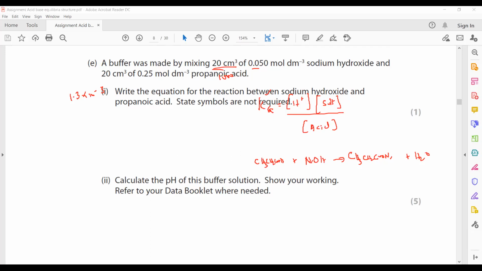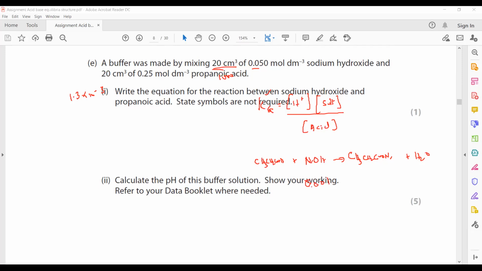How many moles of sodium hydroxide are there? 1 exponent minus 3, which means 0.001. These are the moles of sodium hydroxide.